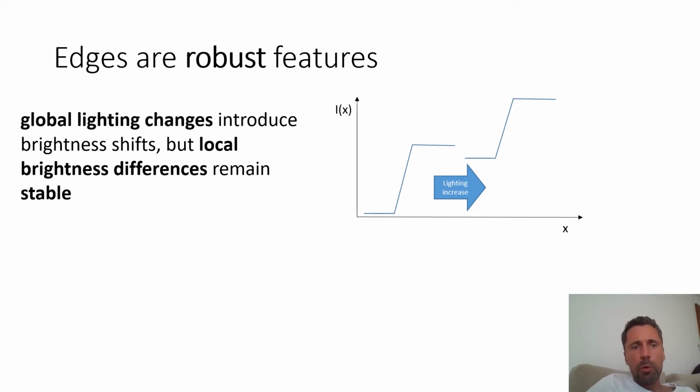So if we have global changes in brightness, for example, over the course of day and night, you would see local image patterns get brighter overall, but this local contrast, this local change in brightness, whether it's from dark to light or vice versa, would still be retained.